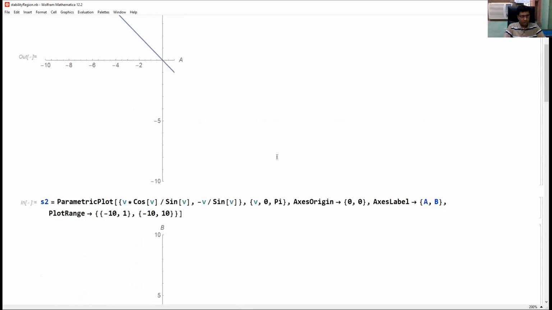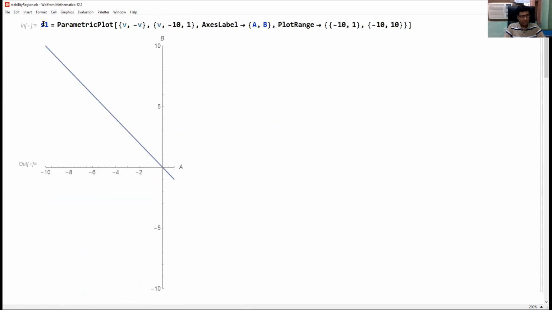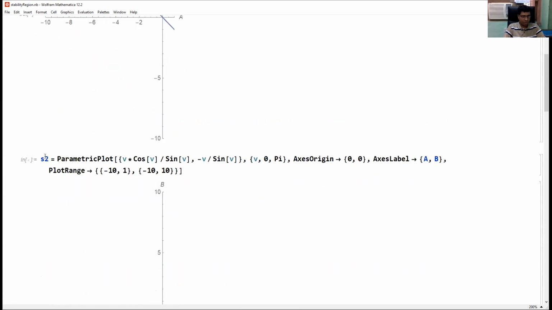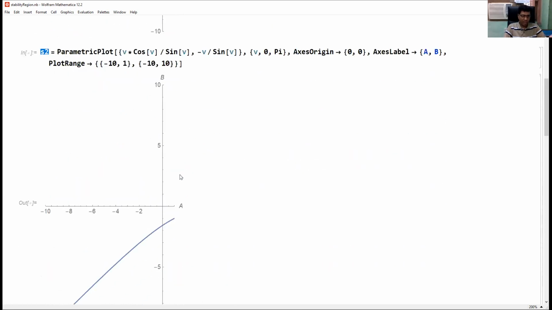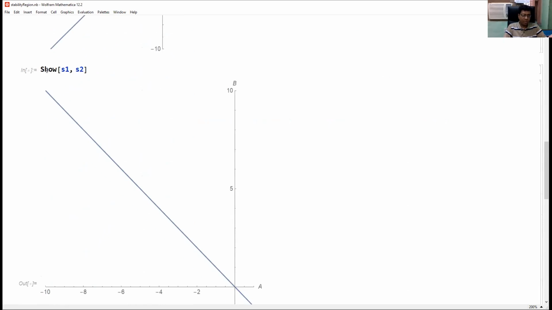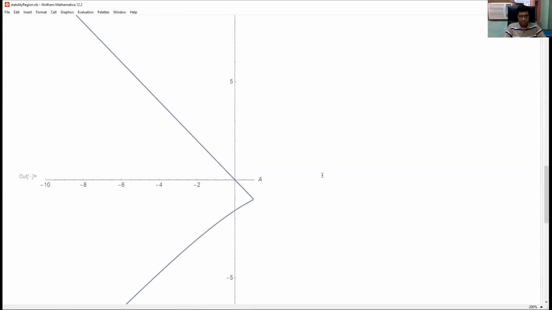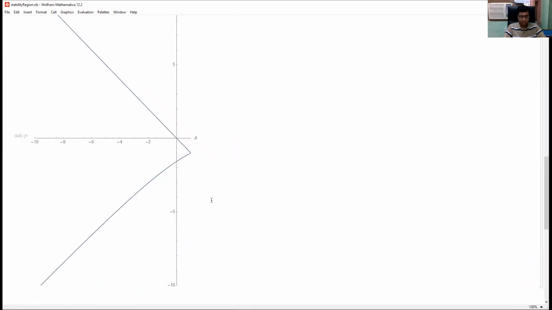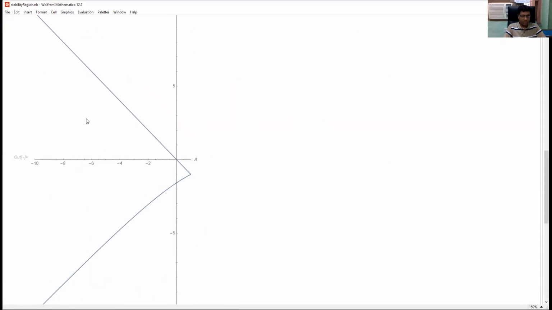Now, these curves are S1 and S2. Okay. These are names given by us. Then what we do, we use Show S1 comma S2. Okay, so this is the required region in the AB plane.